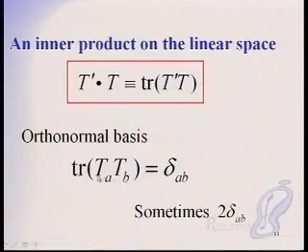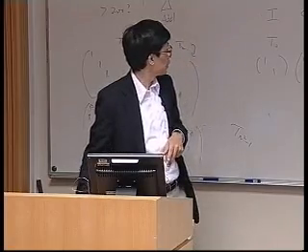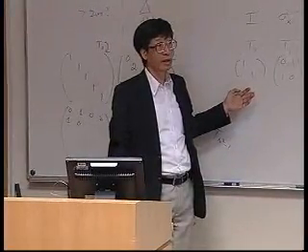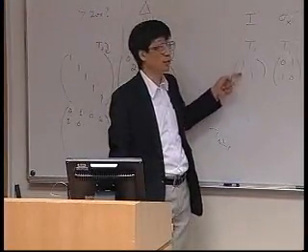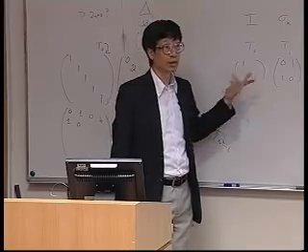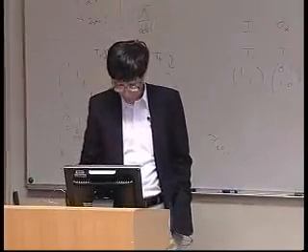That is, I require that the trace of the product of two basis matrices is delta AB. Sometimes people, for convenience, choose 2 delta AB. The 2 comes up because if you take the product of this with itself, the trace is 2. Okay? So that's only a matter of convention. Okay?